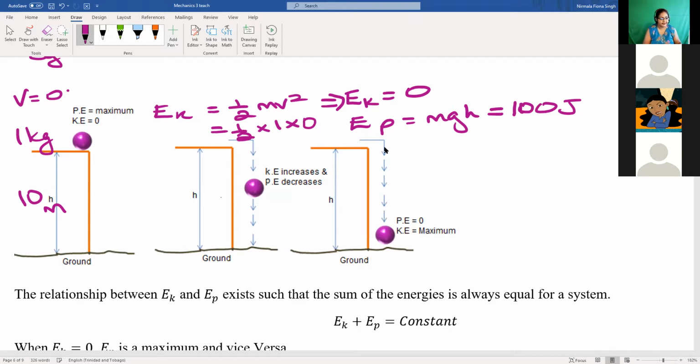All right, so let's say it reaches 6 meters. Is the potential energy going to be more or less when it is now 6 meters above the ground? Repeating that, does my ball here have more or less potential energy when it is 6 meters above the ground?